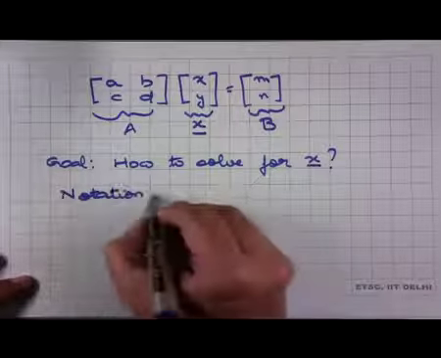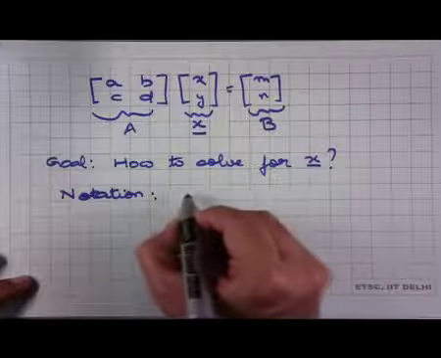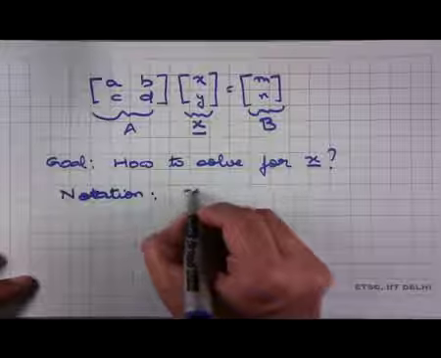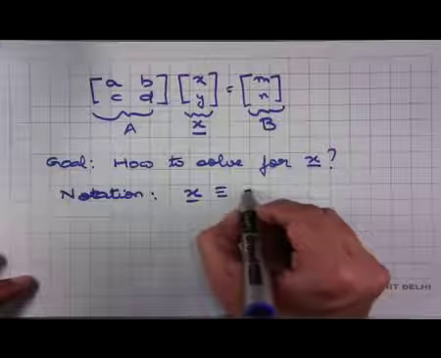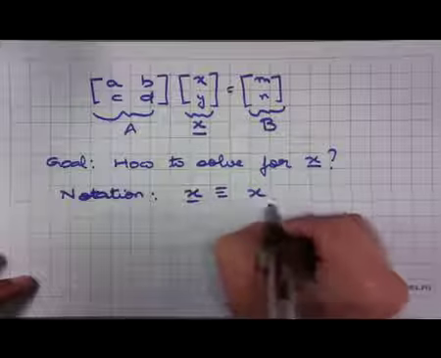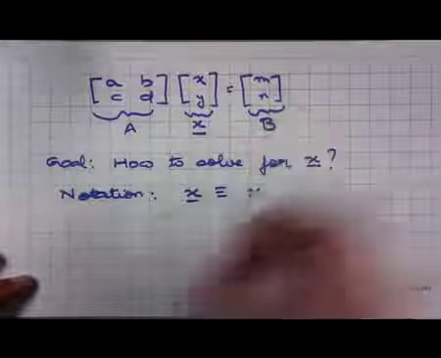Once the context is clear, we are going to replace x with just ordinary notation x, not to be confused by the scalar x.